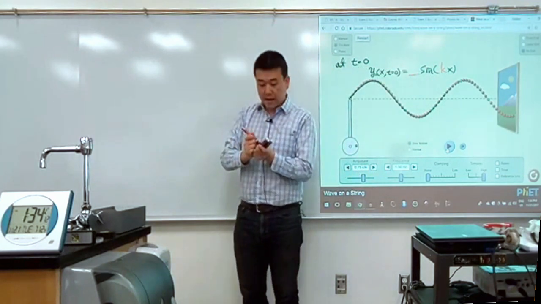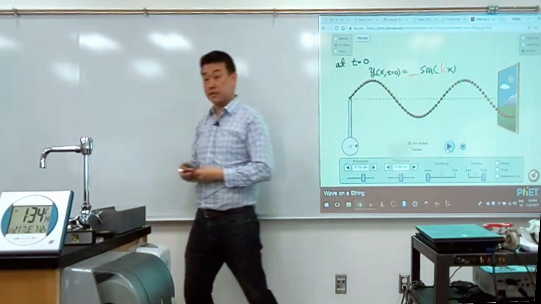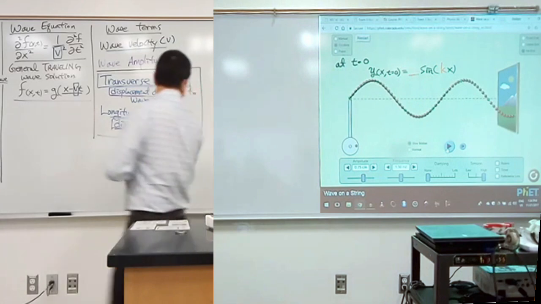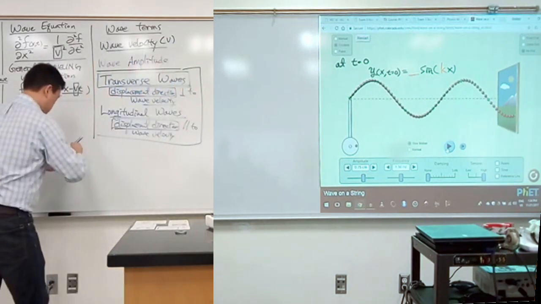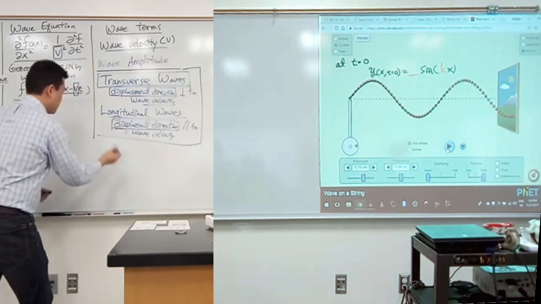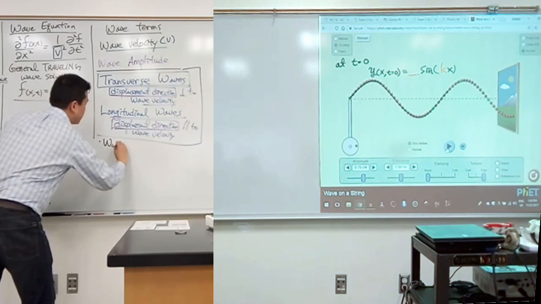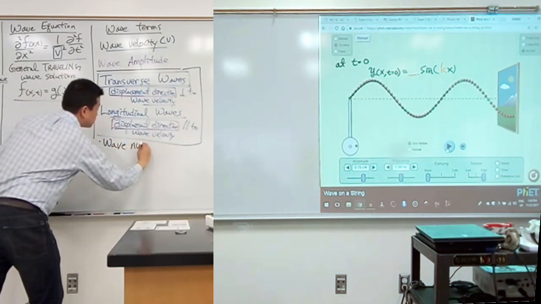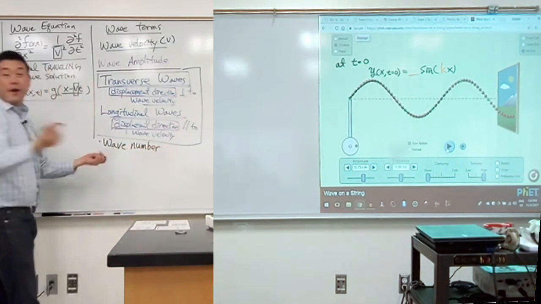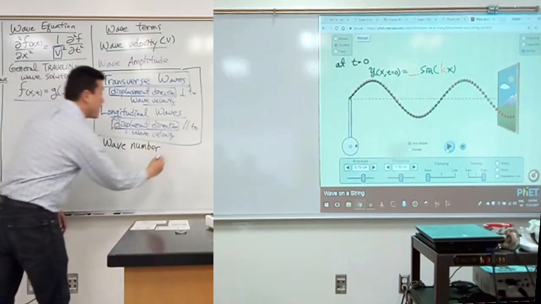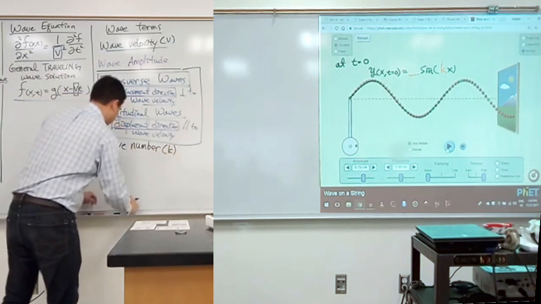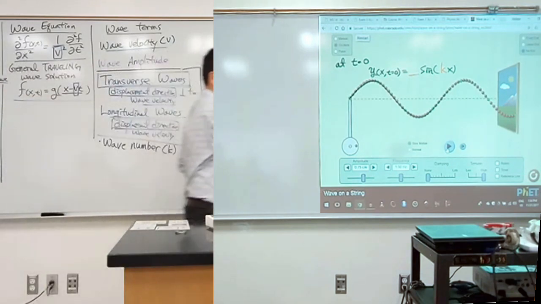Let me write it down under the list of terminology that you should know. That k is referred to as the wave number. Don't ask me why it's called wave number. That's just the name for it, and that's what's represented by the constant k.